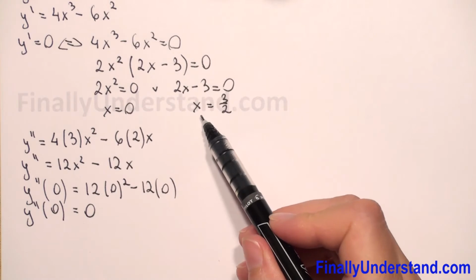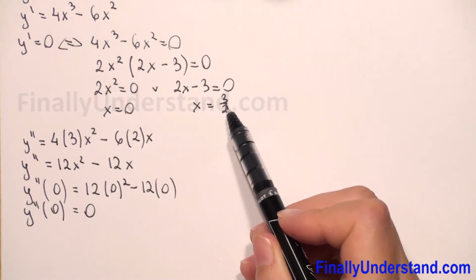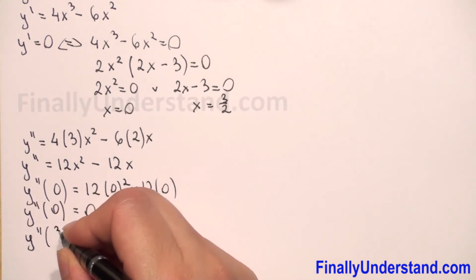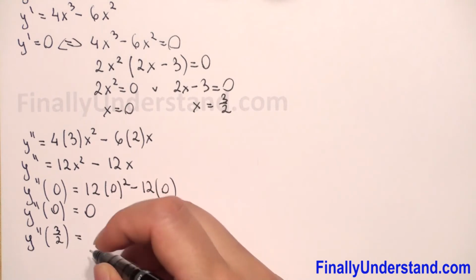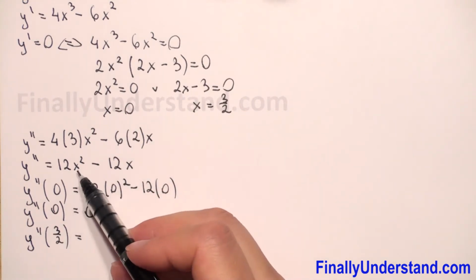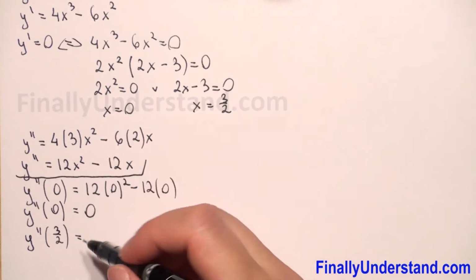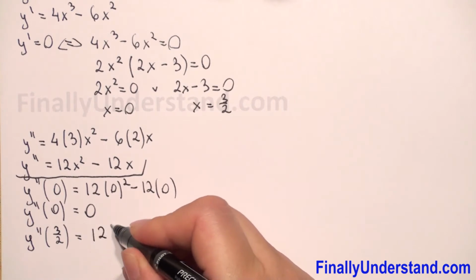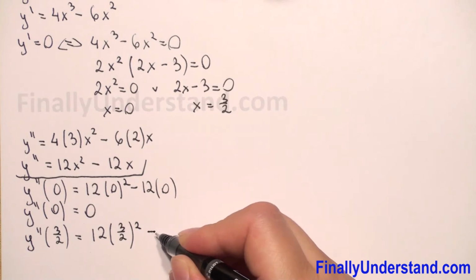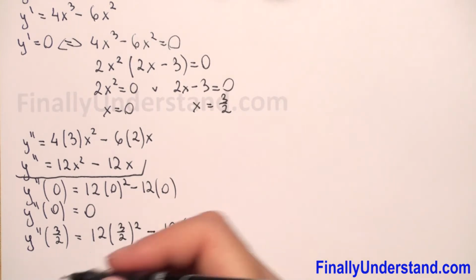Next, we have to check the value of the second derivative for x equals 3 over 2. y double prime of 3 over 2 is equal to, we replace x by 3 over 2 in our second derivative. So it will be 12 times 3 over 2 to the second power minus 12 times 3 over 2.